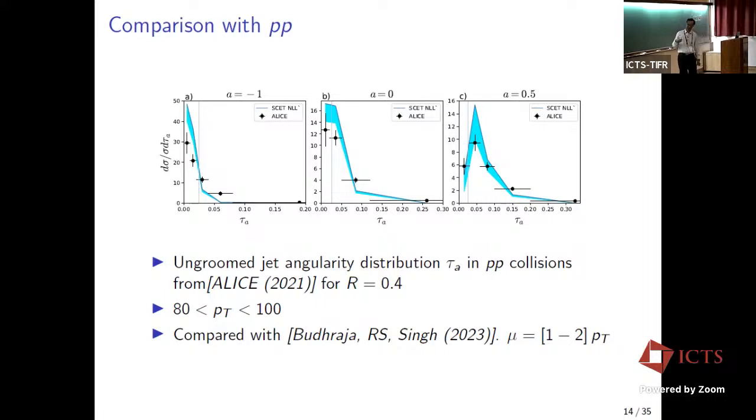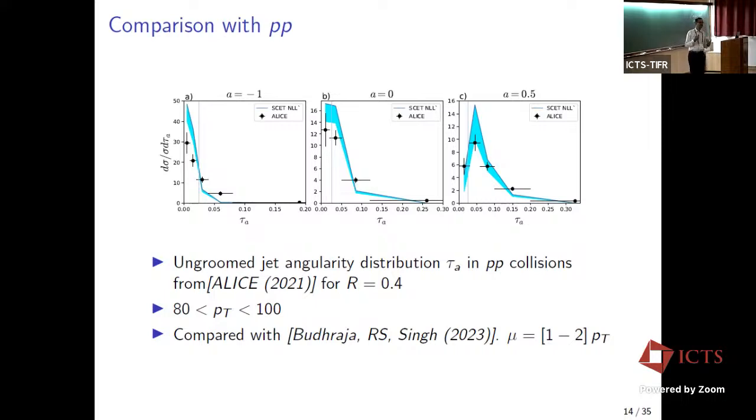There is one thing that you need to take into account here. The expression I wrote down was a parton level expression. And to match it to data, you have to do hadronization also. You can parameterize the hadronization by some sort of a convolution with some soft factors.